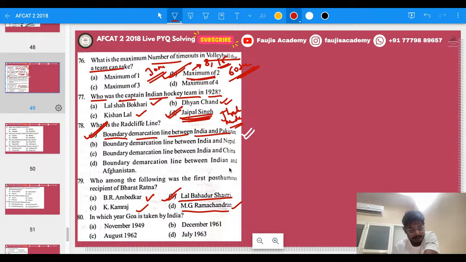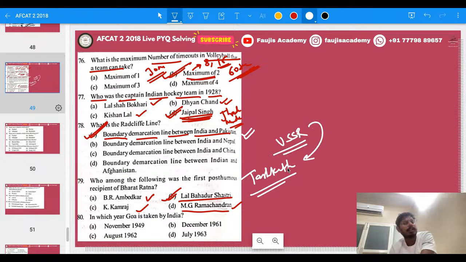He went to Russia, to a place called Tashkent, in the then USSR, to meet the Russian people.